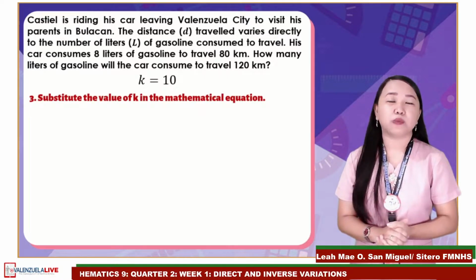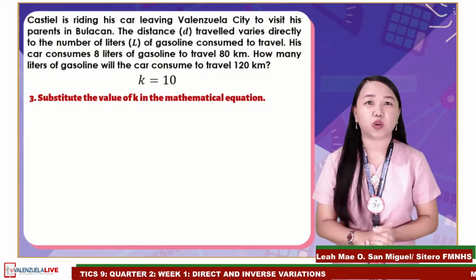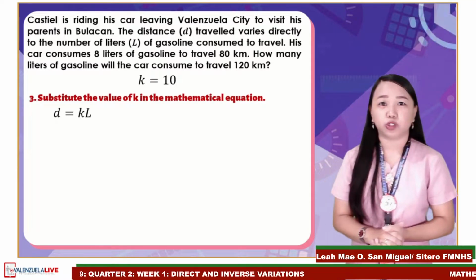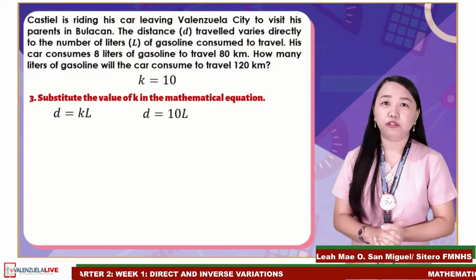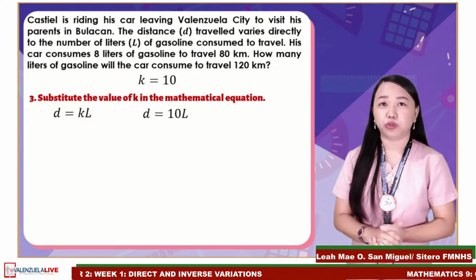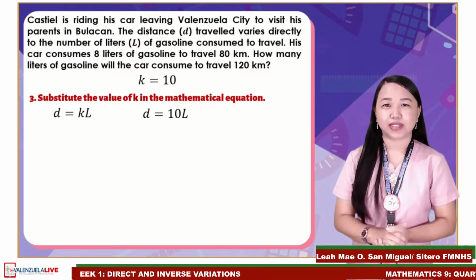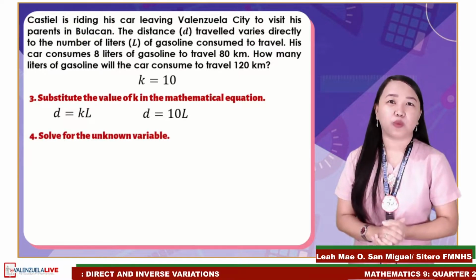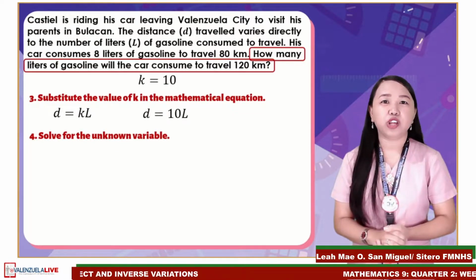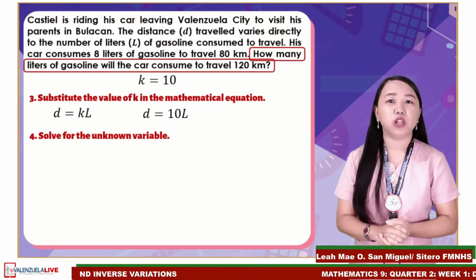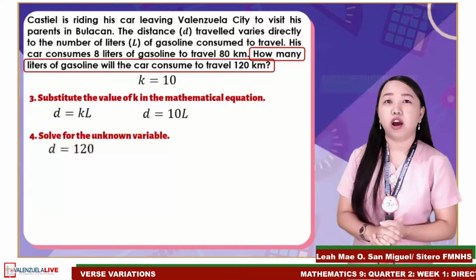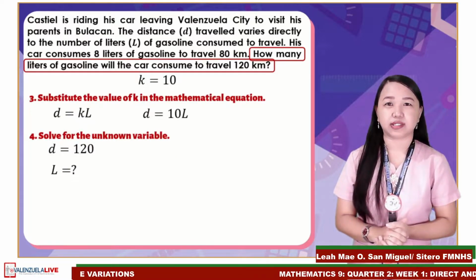Let's now substitute the value of k in the equation D is equal to KL. We have D is equal to 10L. We will be using this equation to get the liters of gasoline that a car will consume to travel 120 kilometers.